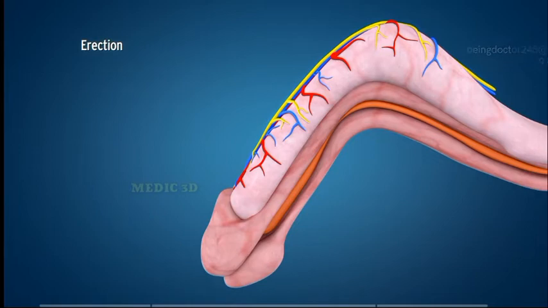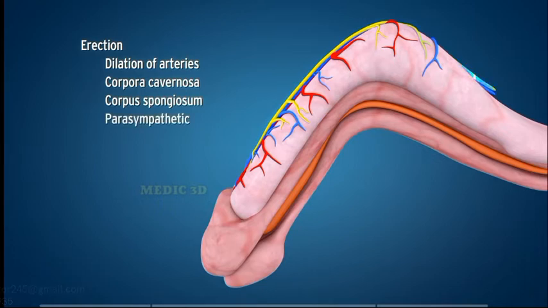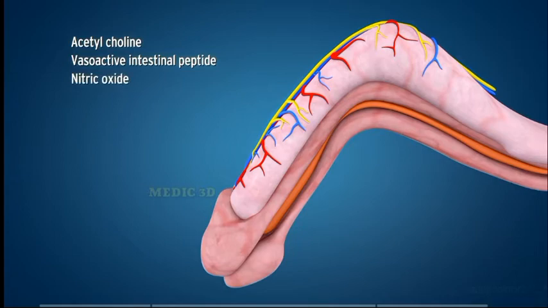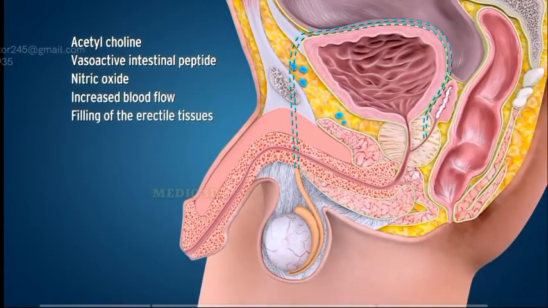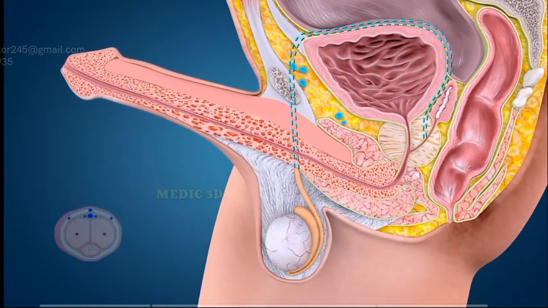Erection of penis occurs due to dilation of arteries, making the erectile tissues of penis, corpora cavernosa and corpus spongiosum, stimulated by parasympathetic nerves, nervi erigentes. Acetylcholine, vasoactive intestinal peptide, and nitric oxide are released, which causes increased blood flow and filling of the erectile tissues. All these make the penis hard and elongated.